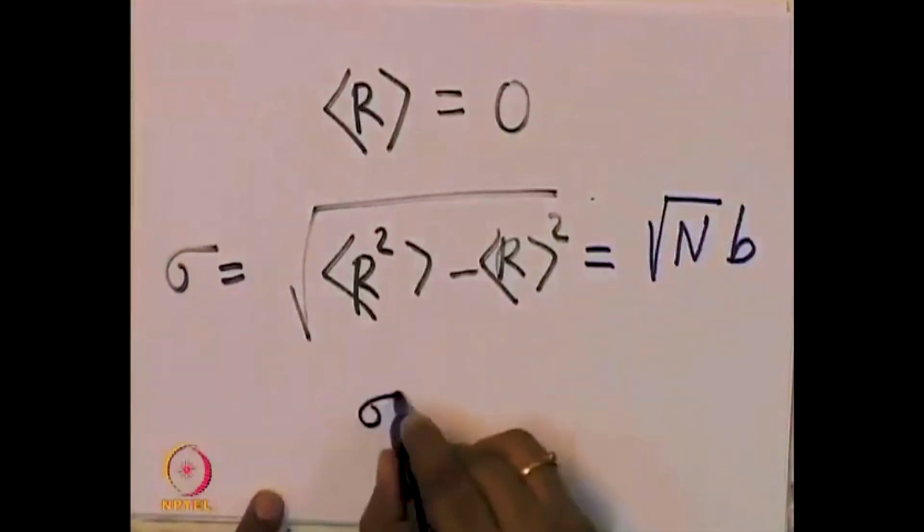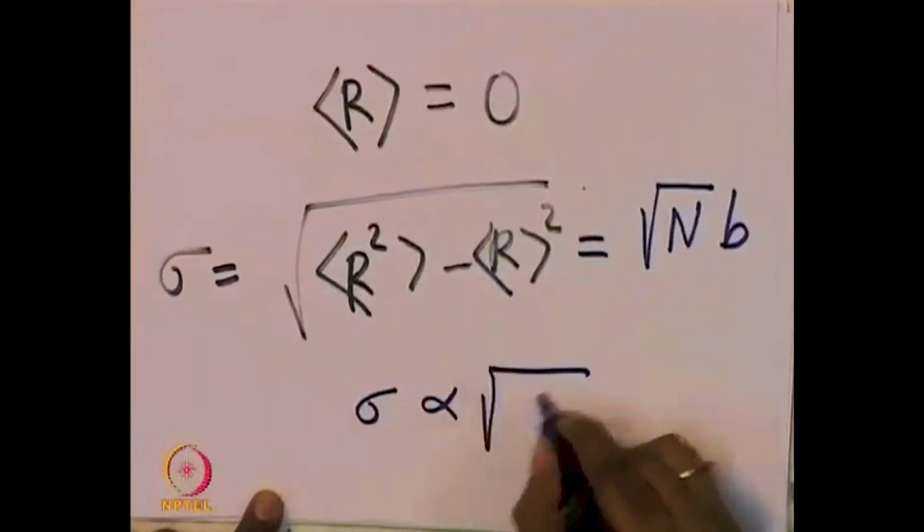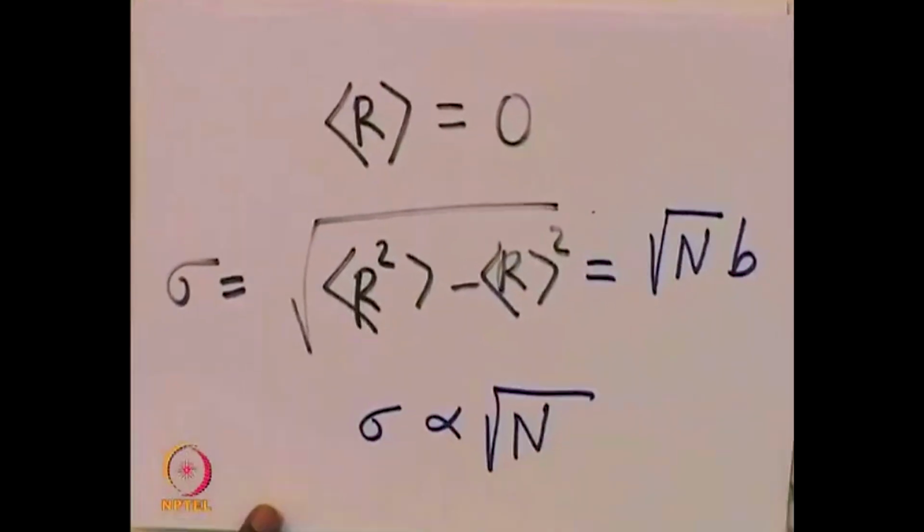So, sigma is proportional to the square root of n. If there are n monomers, the standard deviation of this end to end distance is proportional to the square root of n.